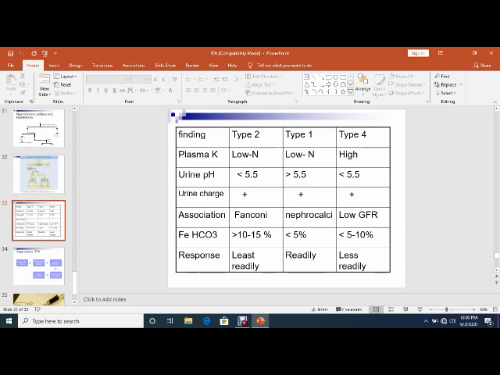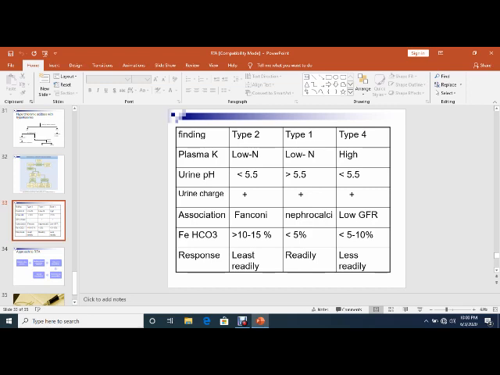So this is the last slide that will differentiate between the three renal tubular disorders, type 2, type 1 and type 4. There is the importance of urinary pH, plasma potassium, the association with certain diseases, and fractional excretion of bicarb.